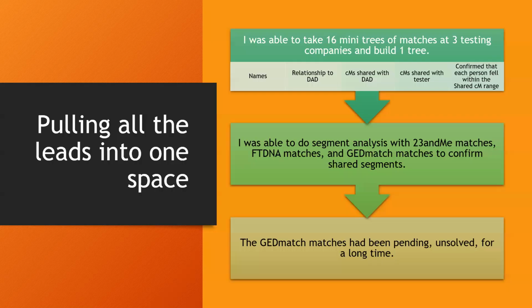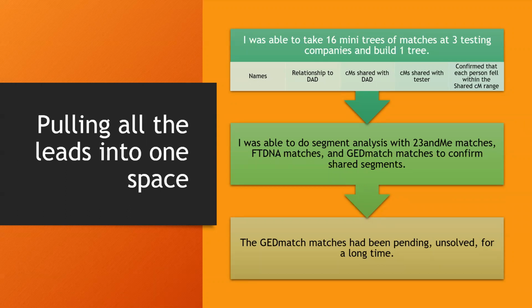So let's look at a couple of things here. I was able to take 16 mini trees of matches at 3 different testing companies and build one tree of all of these matches and how they fit in with the tester and the tester's dad. I noted how many shared centimorgans they had with dad, how many shared centimorgans they had with the tester, and I confirmed that each person in the visual tree fell within the shared centimorgan range for those relationships.